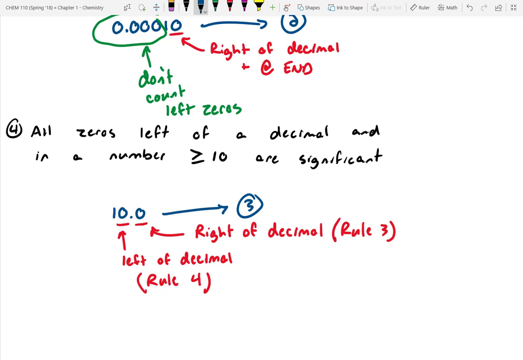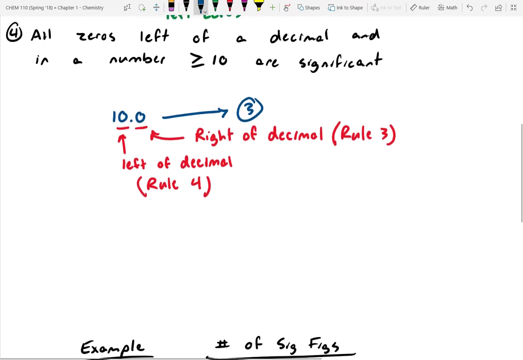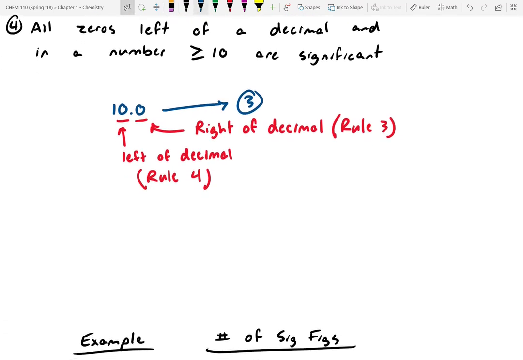All right, so these do get a little bit tricky. I'll give you another example, though, just because chemistry is complicated. Let's do 1,000. What do you think? If we look at 1,000, we don't have a decimal.